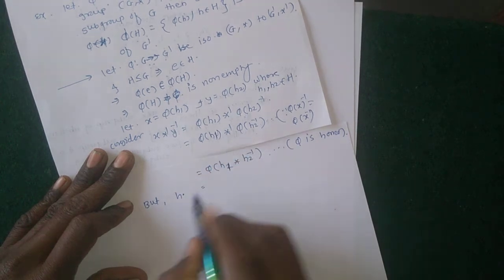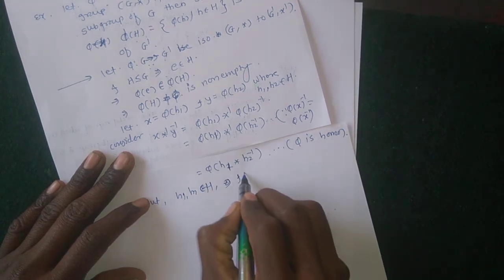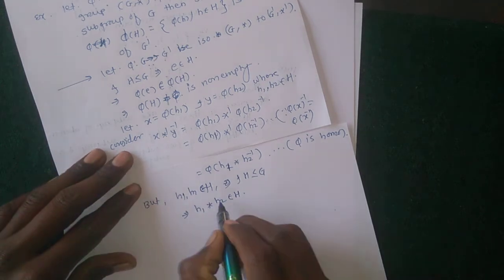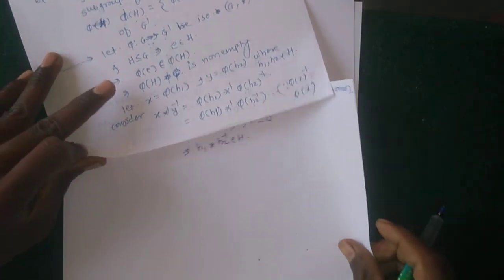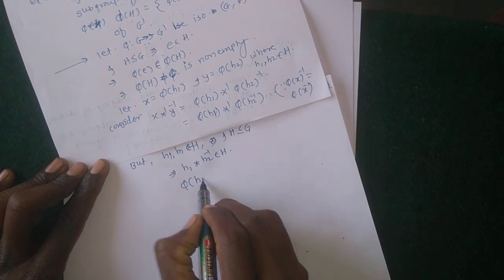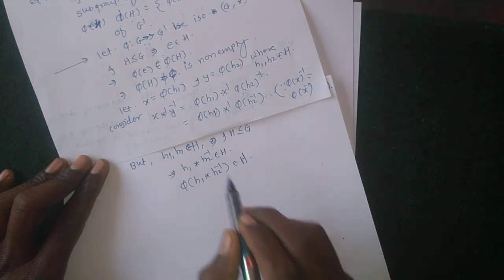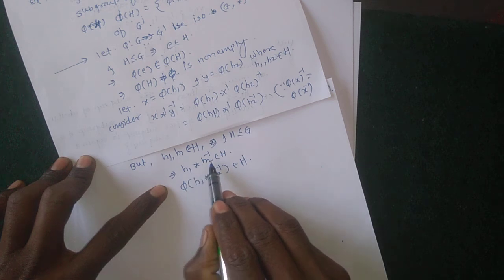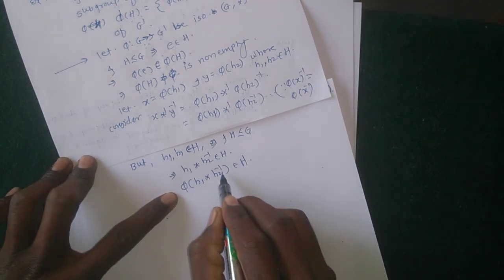H1 and H2 belong to H, and H is a subgroup of G, which implies that H1 star H2 inverse belongs to H, because H is a subgroup of G and star is a binary operation on G. When phi is applied on that element, phi of H1 star H2 inverse belongs to phi of H, because phi is one-one onto.